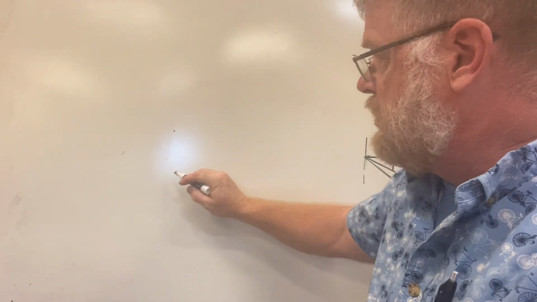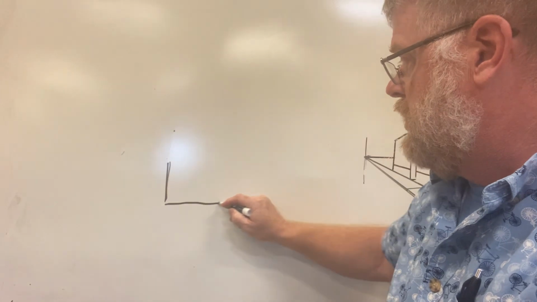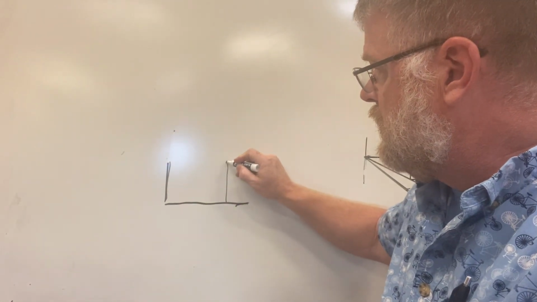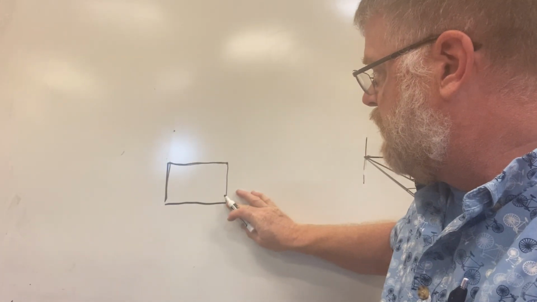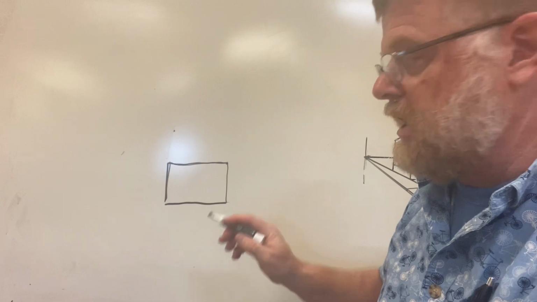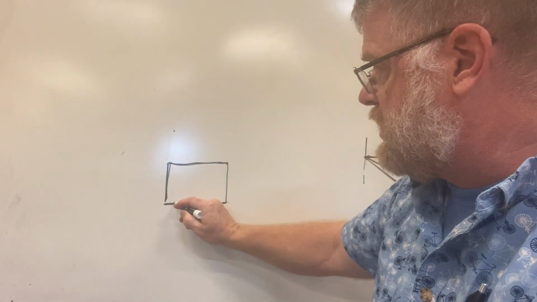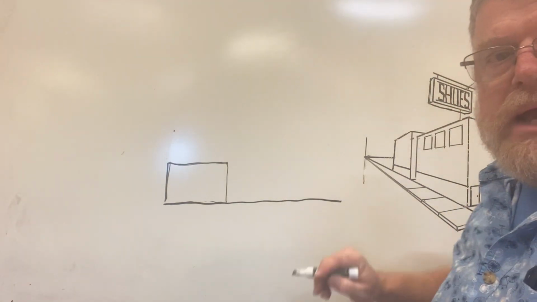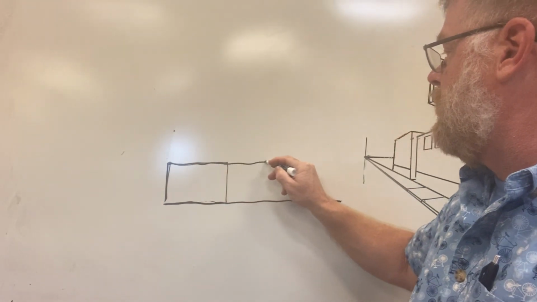So imagine we had a rectangle. Here's our rectangle. We've already seen how we find the center of that. But let's imagine that the line that makes the bottom extends out for a long time, and the line that makes the top extends out for a long time.